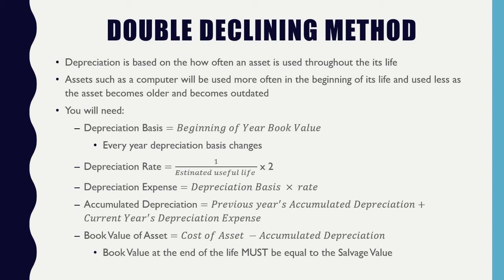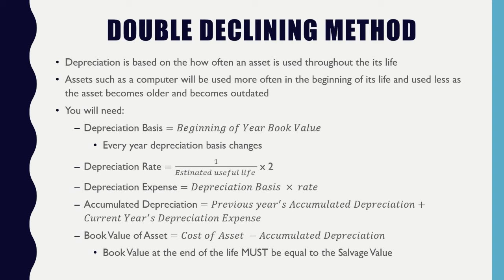So the formulas that you will see here is depreciation basis, which is going to be the beginning of the year's book value, BOY book value. And we'll see what that means. So every time we solve for a book value, we're going to take that number and transfer it over, and that's going to be what your depreciation basis starts off with.